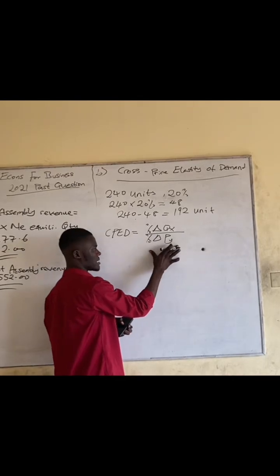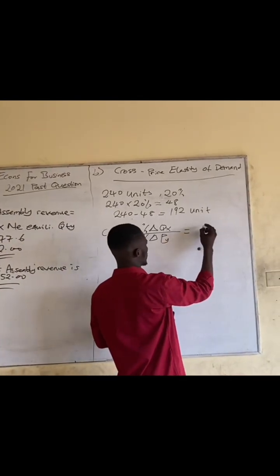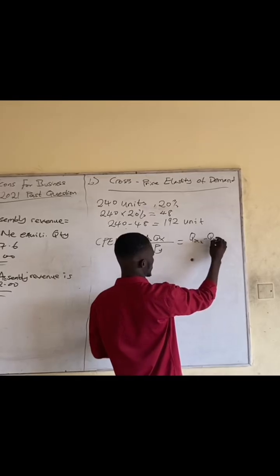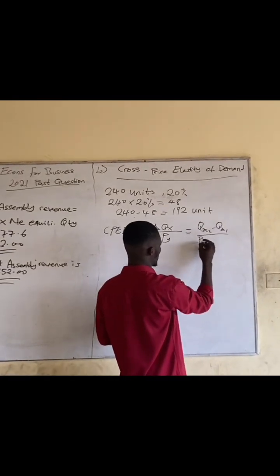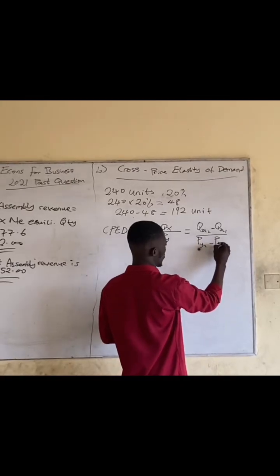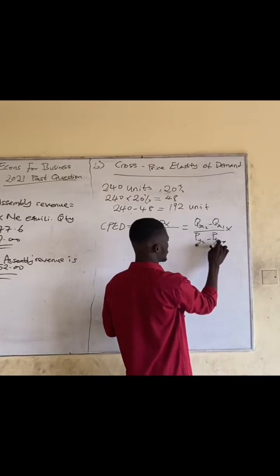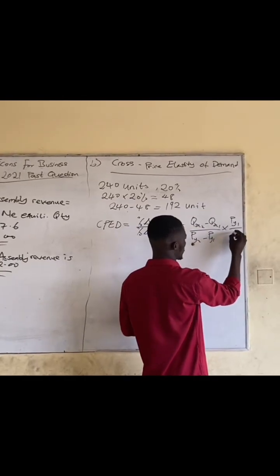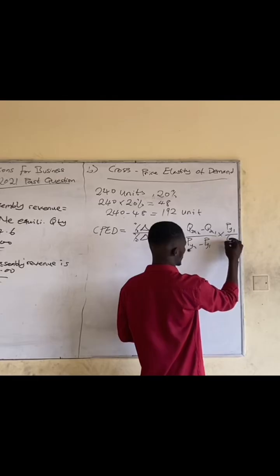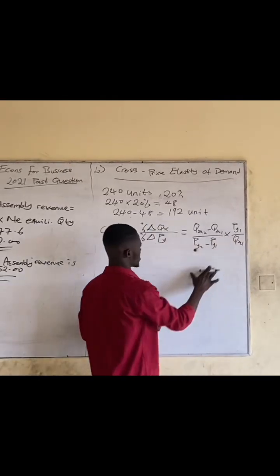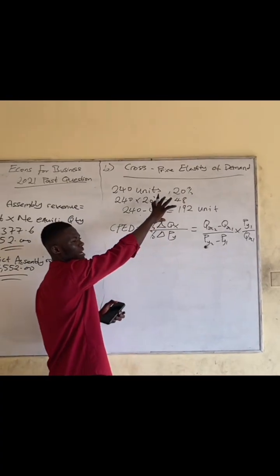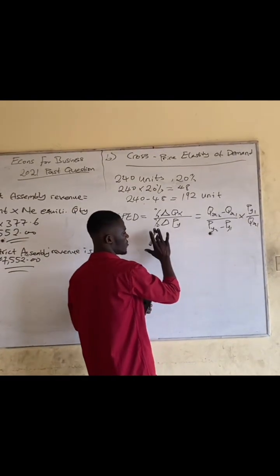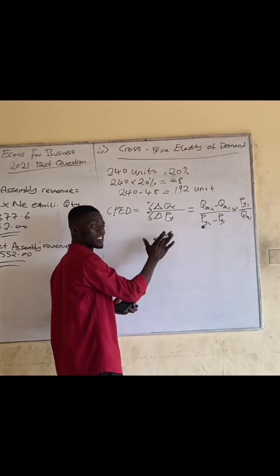So when you expand this, you get qx2 minus qx1 all divided by py2 minus py1, multiplied by our previous price, which is py1, over our previous quantity, which is qx1. Okay, but because they give us in percentage, I'll be using this one straight instead of this. So don't get confused, it's the same thing. When you expand this, you get this.